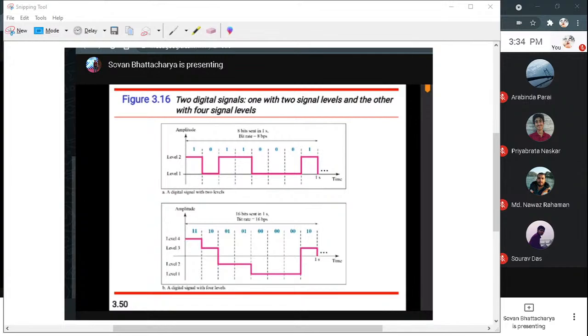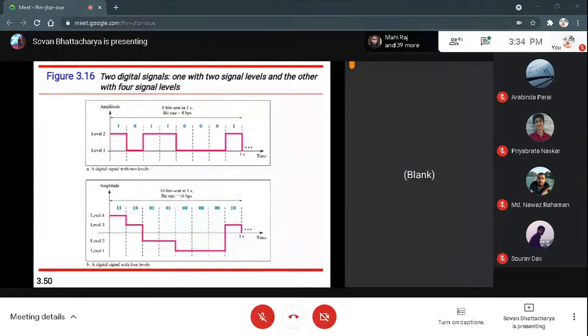Here you only consider the horizontal line, not the vertical. So you see the first time slot has a horizontal line at the high level. Then the low level, that is 0. Then again it will be fixed.